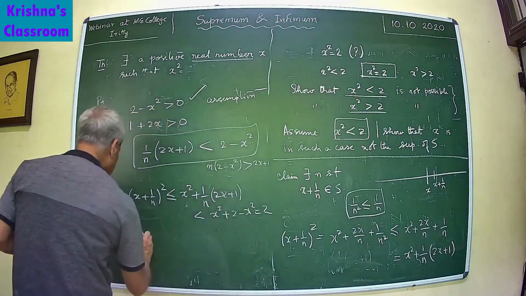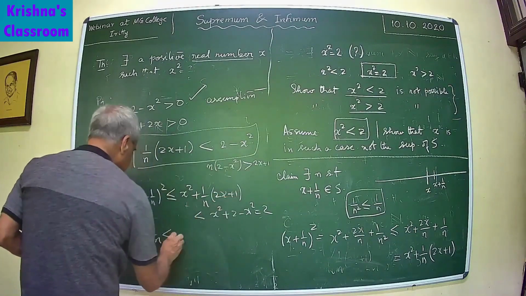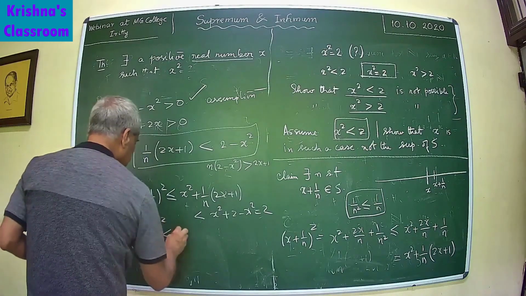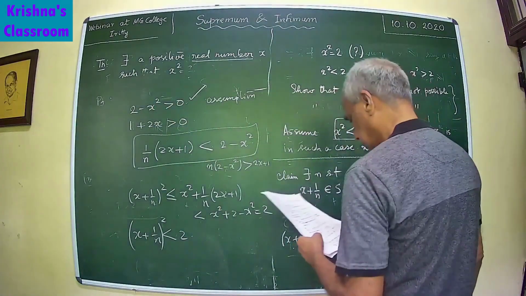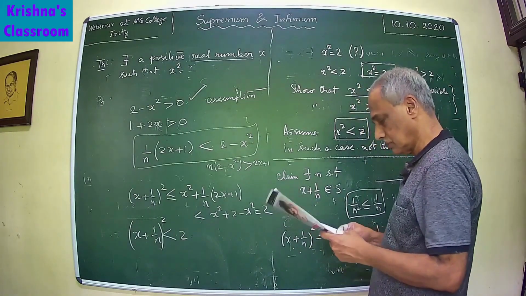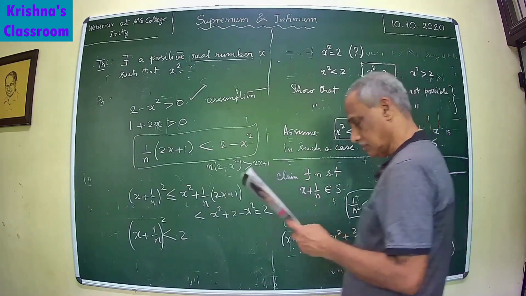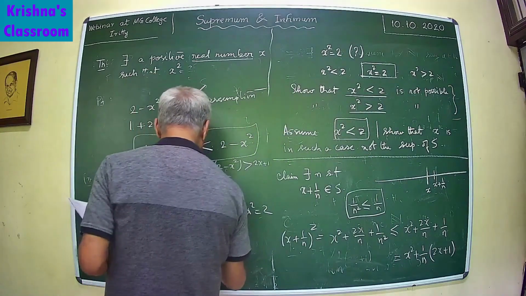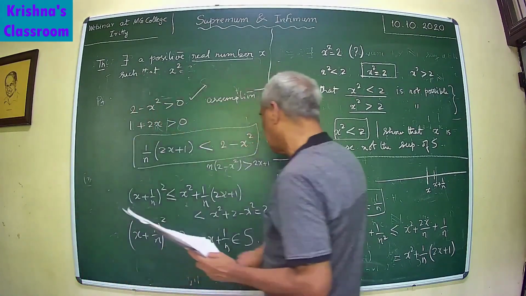So you get x plus 1 by n whole square is less than 2. Therefore, x plus 1 by n belongs to S. That's what we wanted to prove.